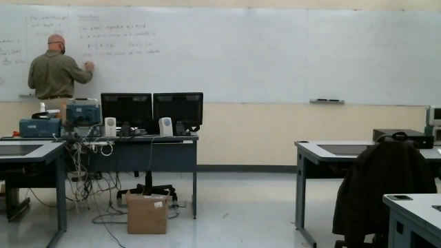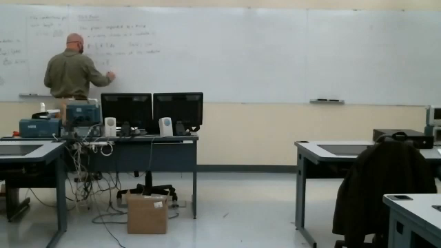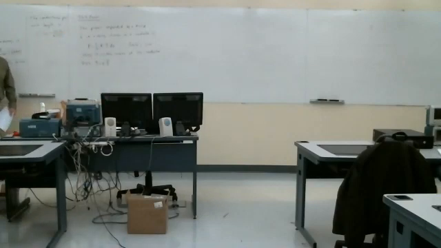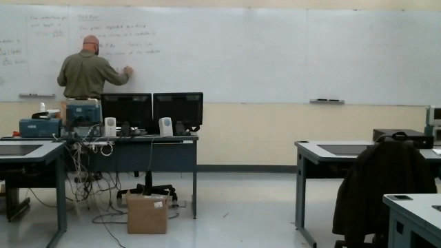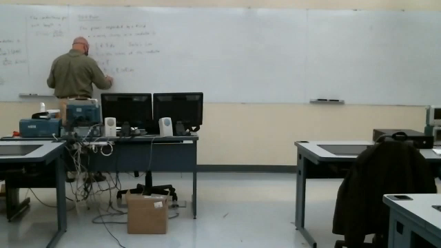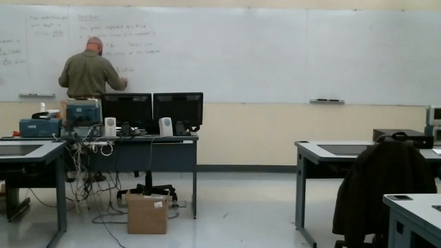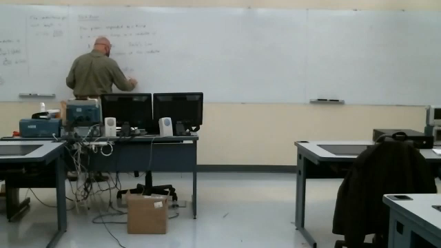Now we can simplify this a little bit. We know that J is equal to the conductivity times E. So this becomes E dot sigma E dV, or, it's not a vector, P is equal to sigma times E dot E, which is the magnitude of E squared, integrated over the volume.